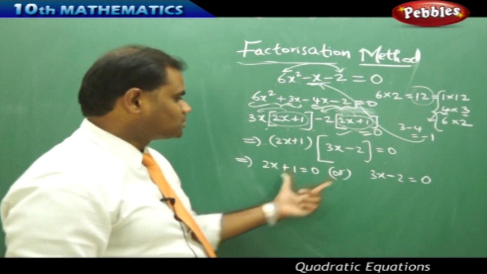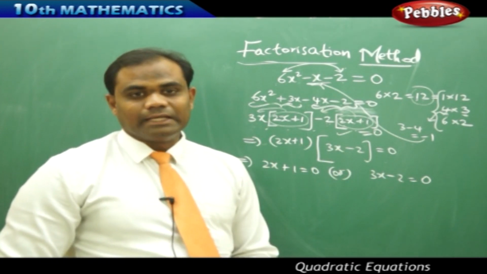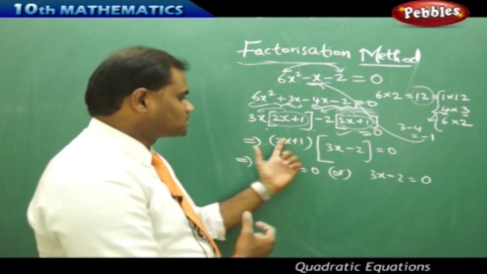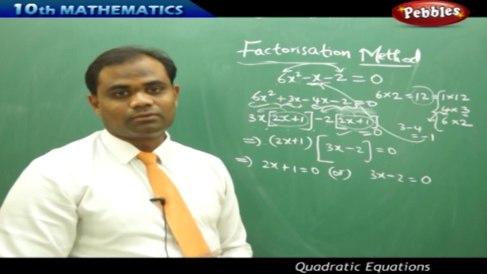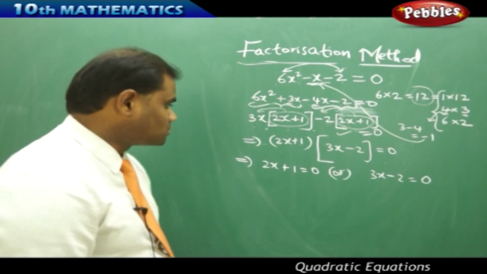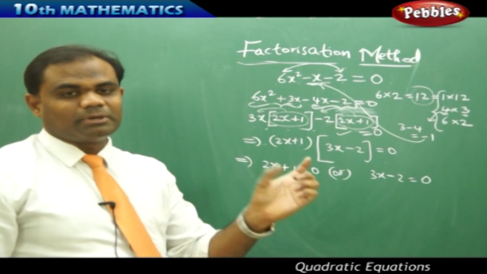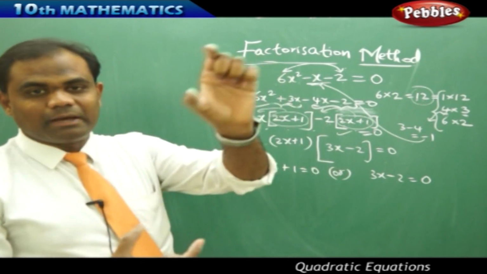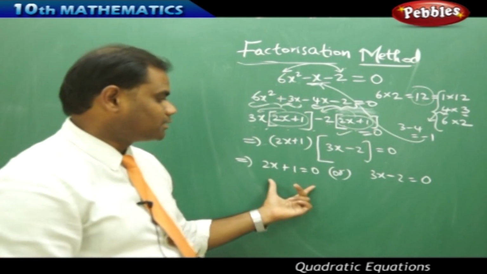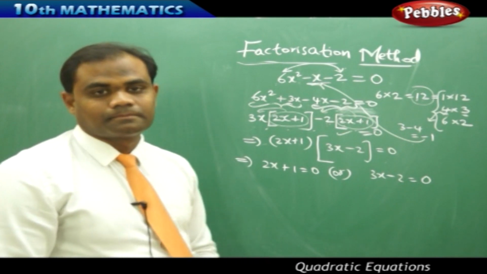Either this equal to 0 or this equal to 0 is what, when combined, gives both product equal to 0. It's not compulsory that both of them should be 0. Even if one of them is 0, then 0 multiplied to any non-zero number will give back 0, is how we understand this factor concept.